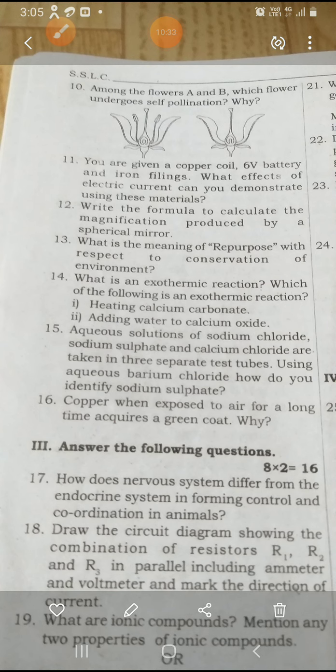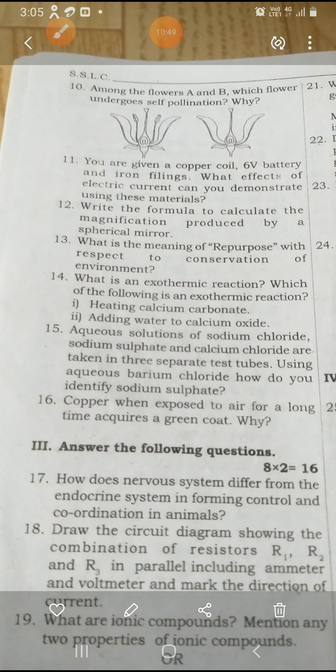Using aqueous barium chloride solution, BaCl2, how do you identify sodium sulfate?